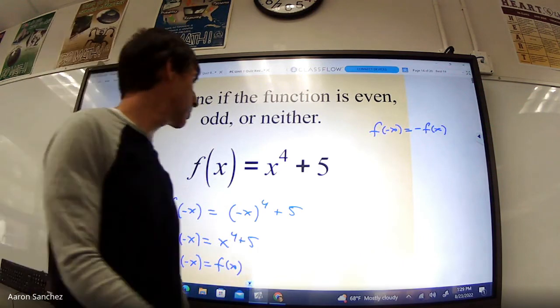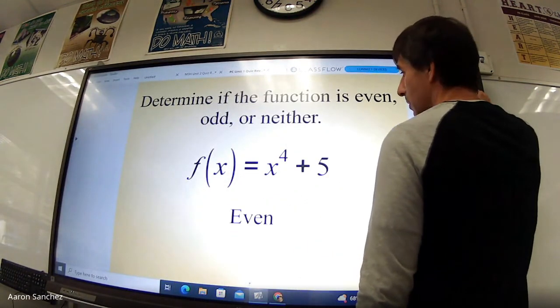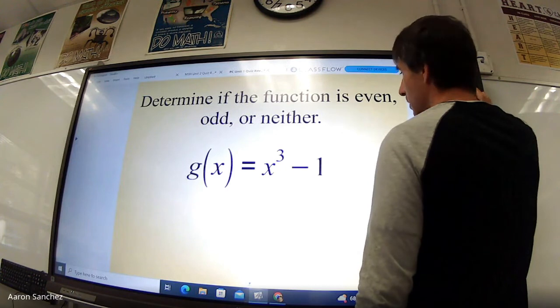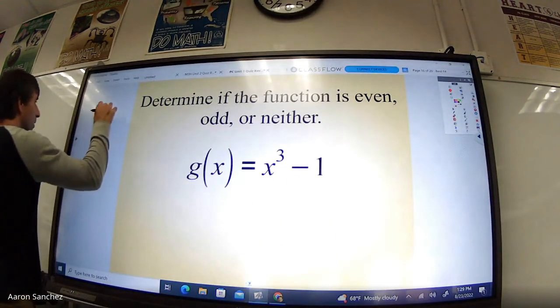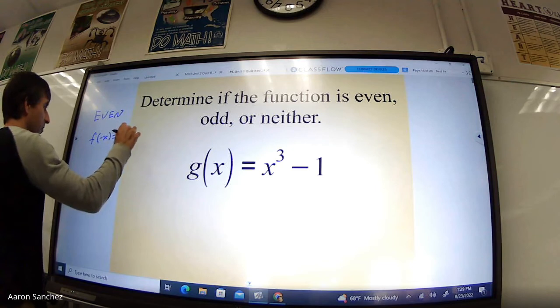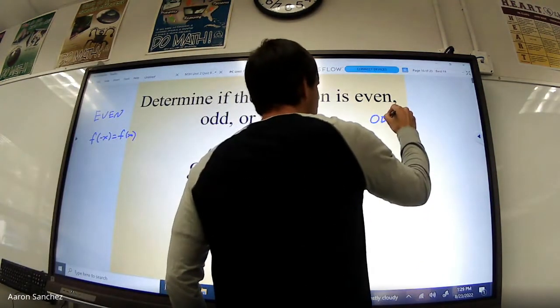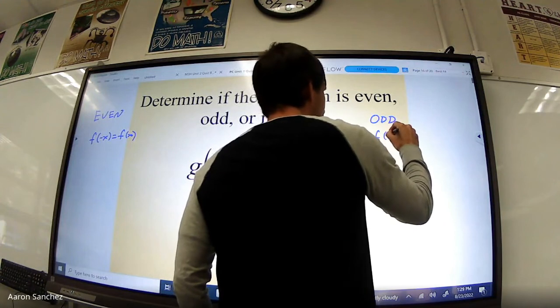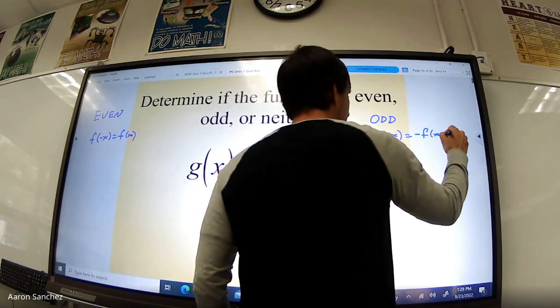Okay, let's do this one. Remember, even: f of negative x equals f of x. Odd: f of negative x equals negative f of x.